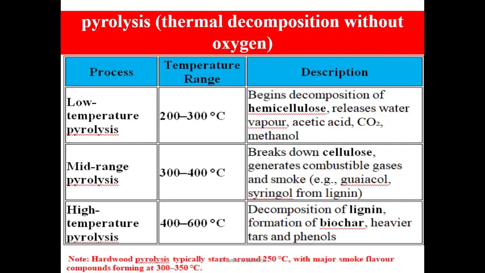Here the further decomposition of the lignin will take place, and there will be a formation of biochar or tars, phenols, and other harmful compounds. So for good quality smoke, the pyrolysis should take place between the range of 300 to 400 degrees centigrade.